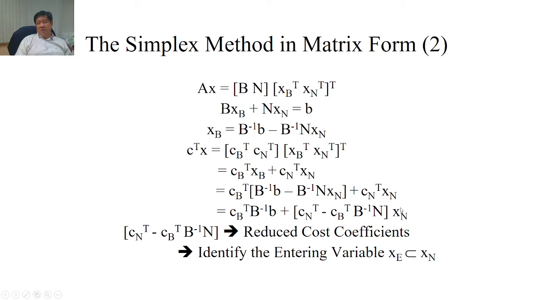The current situation is that the non-basic variable is equal to 0, so that's why we call it a reduced cost coefficient. When you assign some positive value to that x sub n, one that has a negative reduced cost coefficient, you can reduce the current c transpose x based on b inverse b, the current x sub b. That's why we call it that.